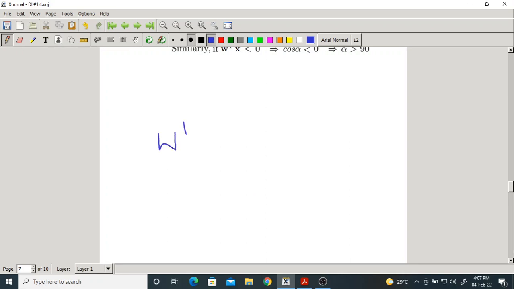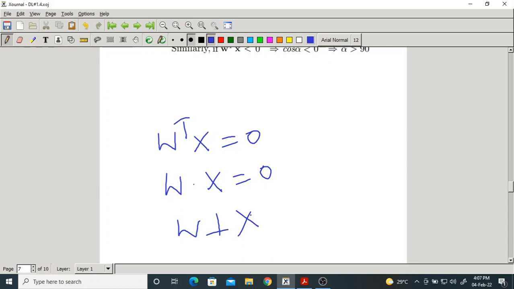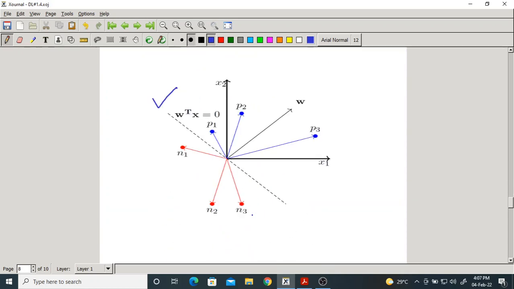Suppose W transpose x equal to 0. What does it mean? W dot x equal to 0, which means W is perpendicular to x. Here the same meaning applies: this vector W is perpendicular to this line, because W transpose x equals 0, or W dot x equals 0.